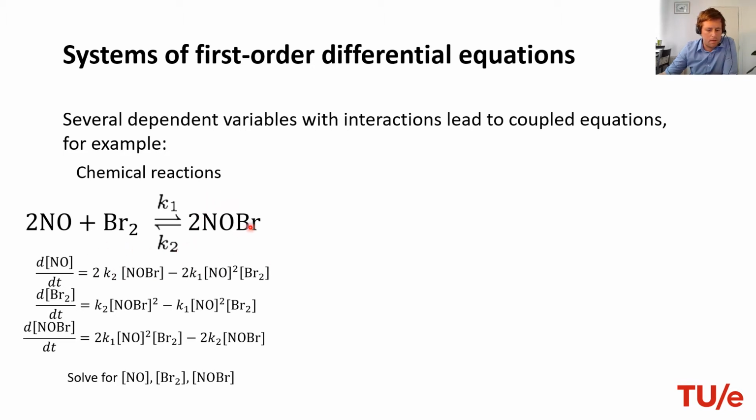Based on this chemical reaction with constants K1 and K2, you can write down these three coupled equations. You see that the concentration of NO depends on the concentration of NO, but also on the concentration of NOBr and of Br2. And the same holds for the other constituents of this equation.